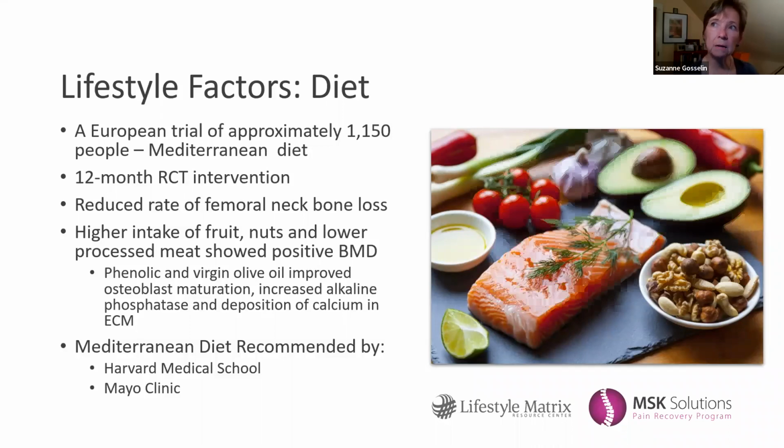The diets that are most well known that can provide the nutrient base that supports bone health are frequently the Mediterranean diet and also the paleo diet. But anything that is providing you with an anti-inflammatory food plan is going to do the job.